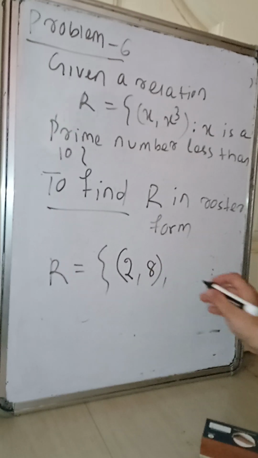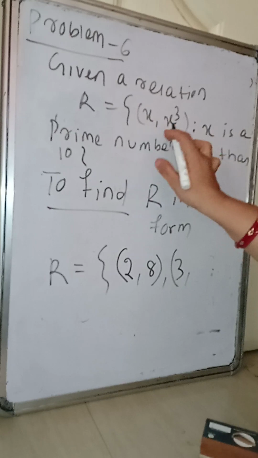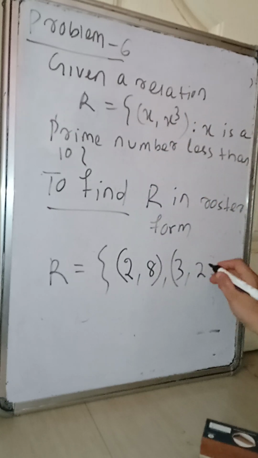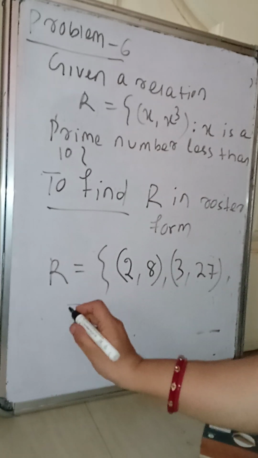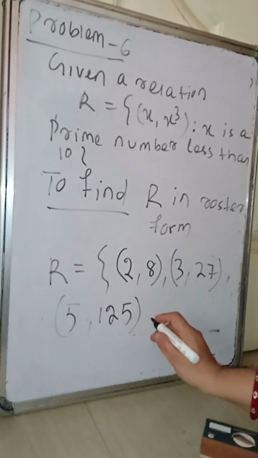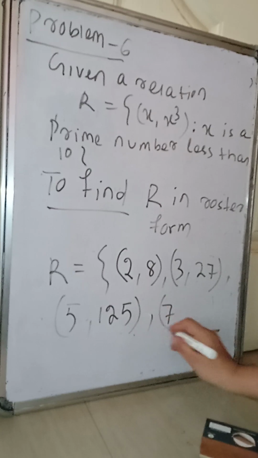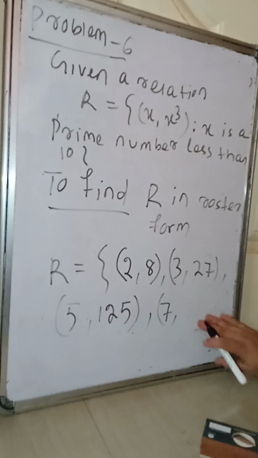Next prime number less than 10 is 3, and 3 cube is 27. Similarly the next prime number is 5, its cube is 125. Similarly the next prime number is 7, and 7 cube is 343.